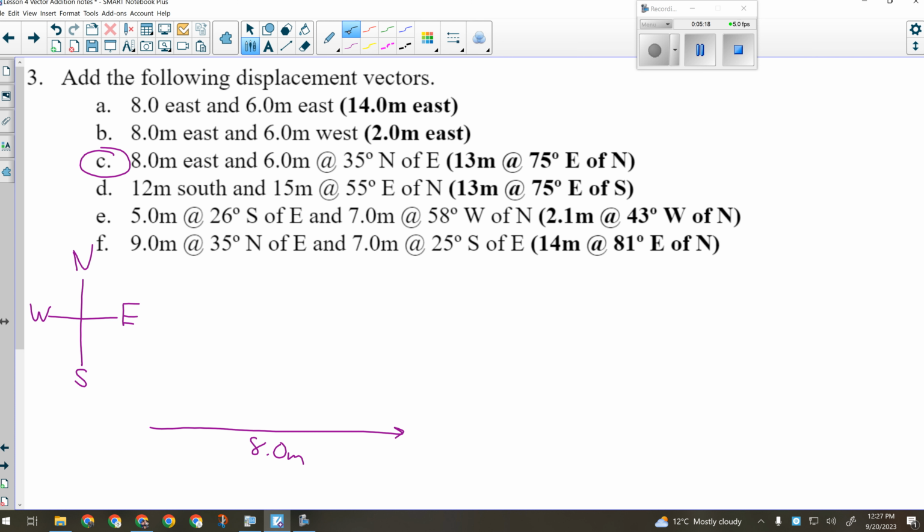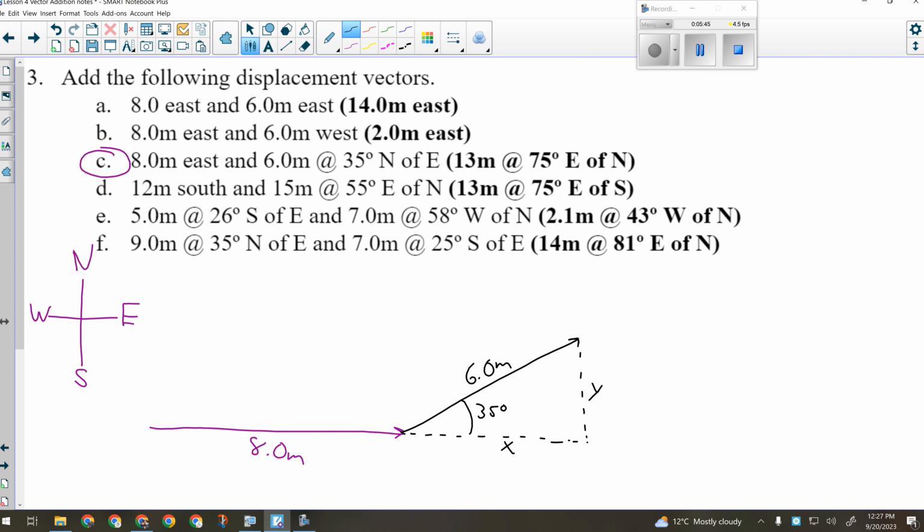And then we should have 6 meters at 35 degrees north of east. So my reference direction is east. I'm going to go 35 degrees north of that. 6.0 meters, 35 degrees, x, y.